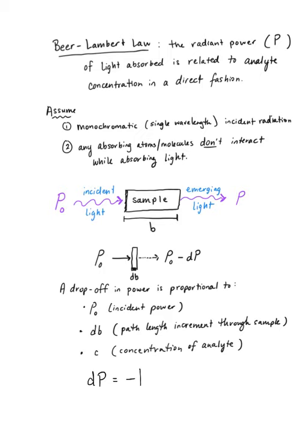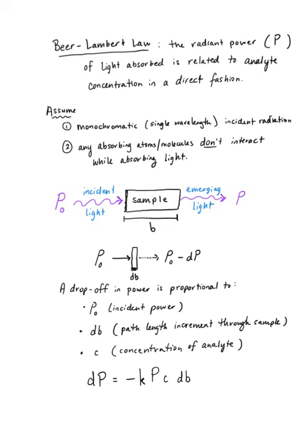Negative value of some constant K, a constant of proportionality, multiplied by the power that our light is at now, the concentration of our sample, and the increment in the path length that we've covered.